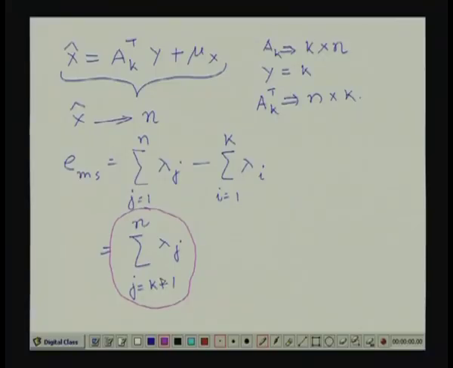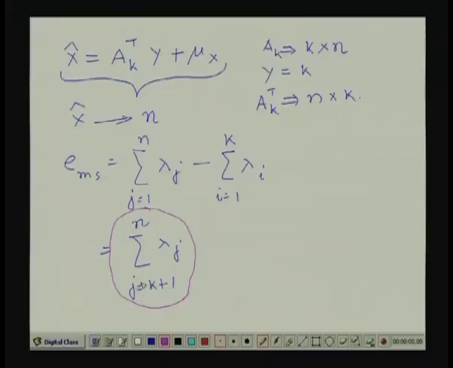In this particular expression, the mean square error is given by the sum of those eigenvalues whose corresponding eigenvectors were not considered for formation of our transformation matrix A. And because the corresponding eigenvalues are the smallest eigenvalues, this particular transformation and the corresponding inverse transformation ensures that the mean square error between x and x hat will be minimum.